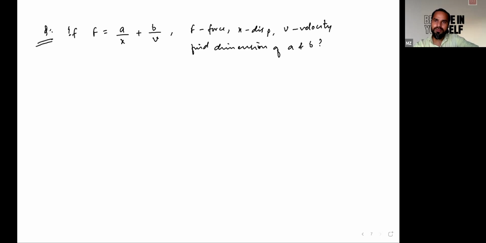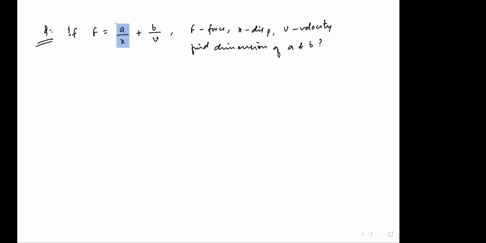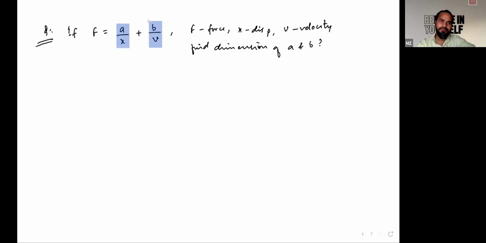Giving some hint how to approach this problem. We have first part A over X and second part B over V, and there is plus sign in between them. So the principle of homogeneity tells you if two quantities are related by plus or minus, their dimension would be equal.